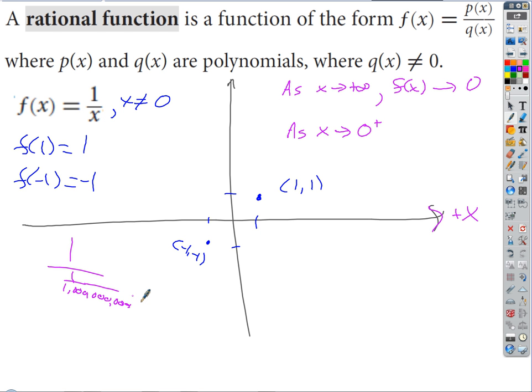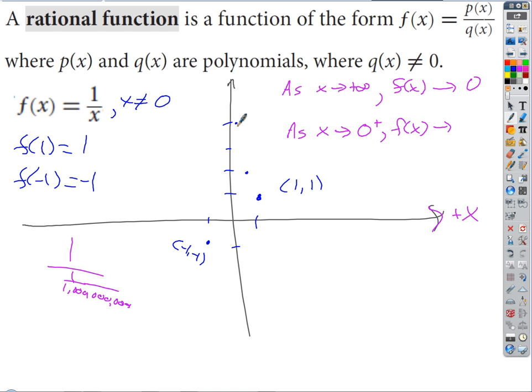So as x approaches 0 from the positive direction, what's the function approaching? Look at that pattern. At x equals 1/2, the reciprocal of 1/2 is 2, right? So when x is 1/2, I go up to 2. When x is 1/4, I go up to 4.